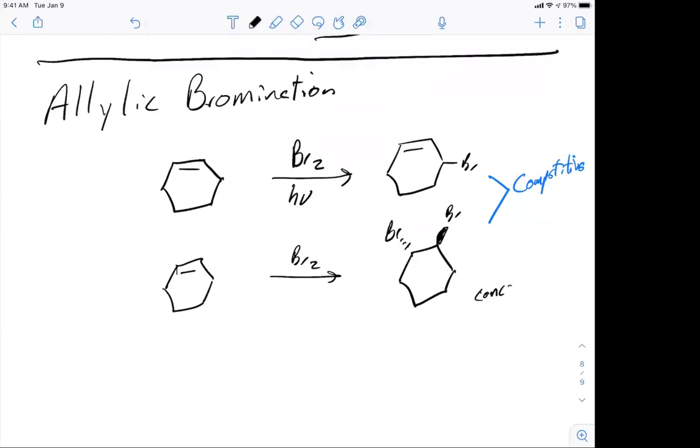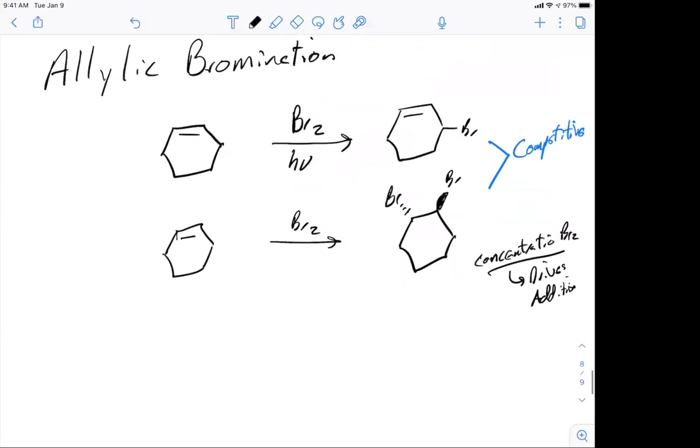And so there, because of the concentration of this substrate, right, this concentration of the bromine drives the addition. So what I'd like to do is find a way to do this reaction and always keep the concentration of the Br2 low.